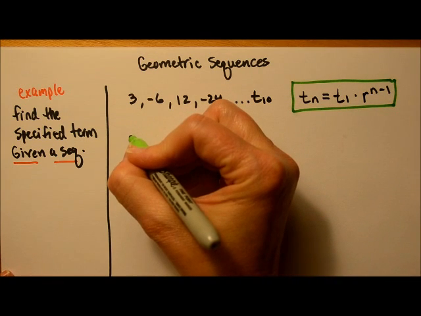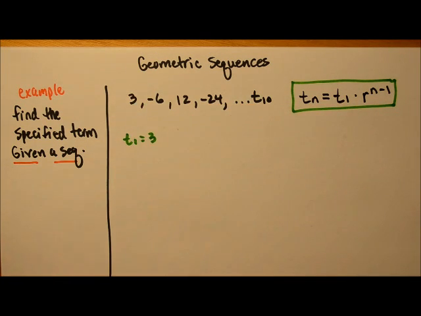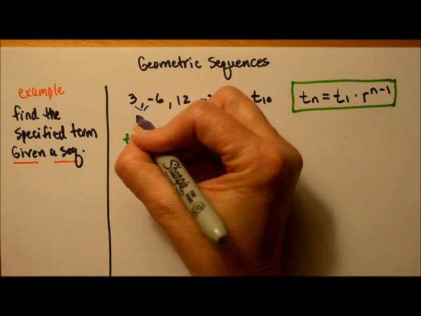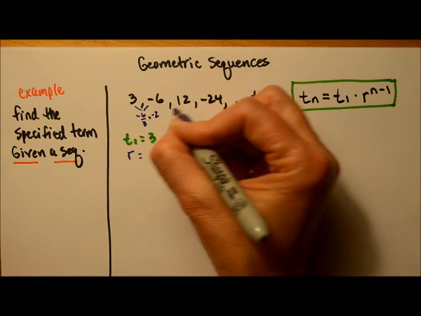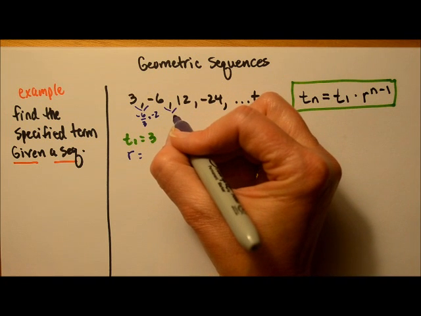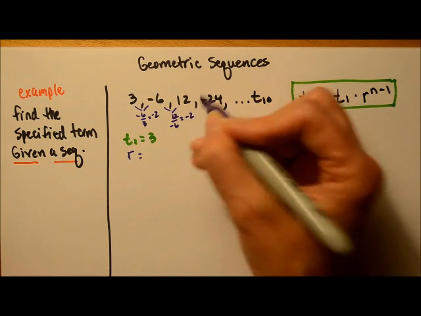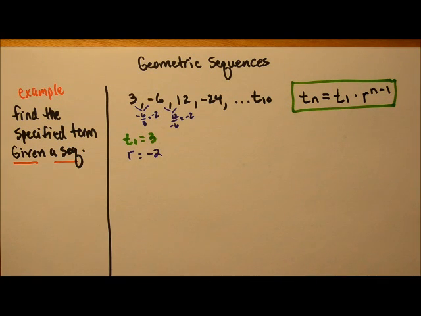So T1 is 3, because it's right there. I can see it. It's not even hiding. R, which is going to be the more difficult one, is just that ratio of -6 over 3. -6 over 3 is -2. And we need to check it. 12 over -6. Oh yeah, that's -2. Okay, so I know that r then is -2.